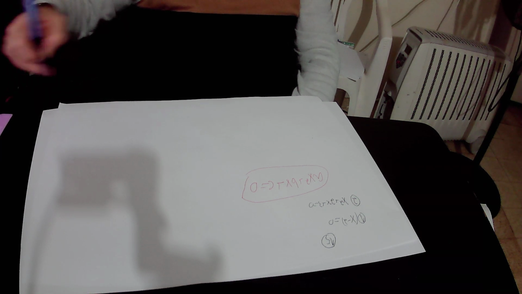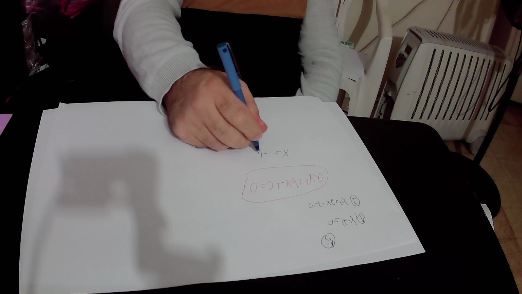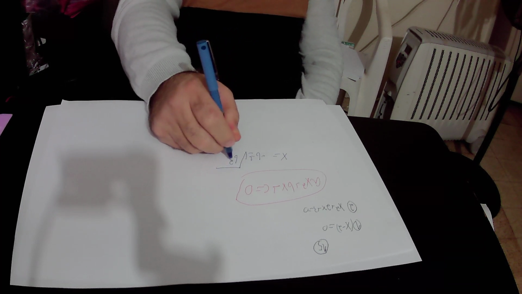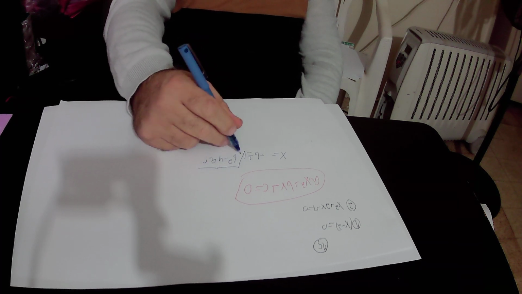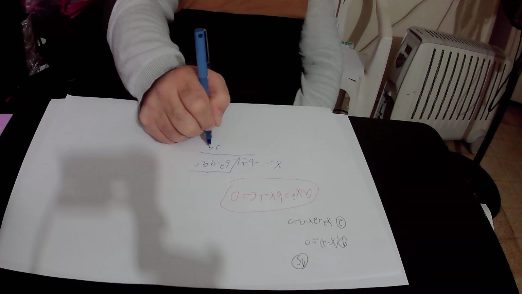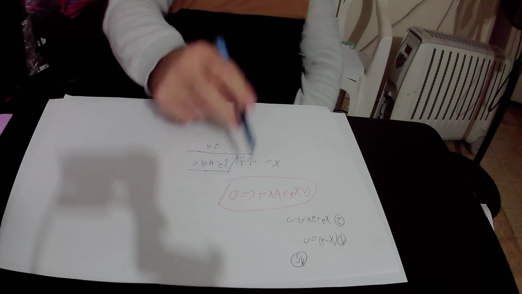Actually x will be equal to minus b plus minus root of b squared minus 4 times a times c over 2 times a.